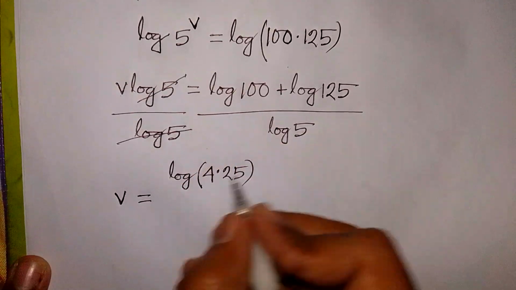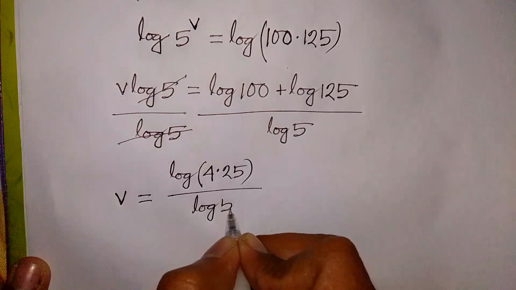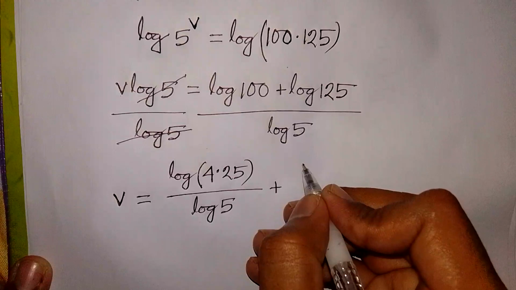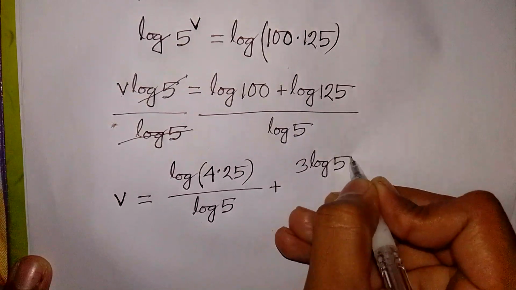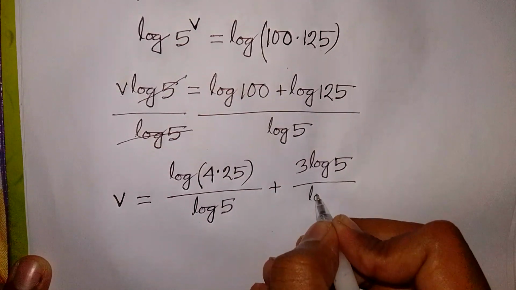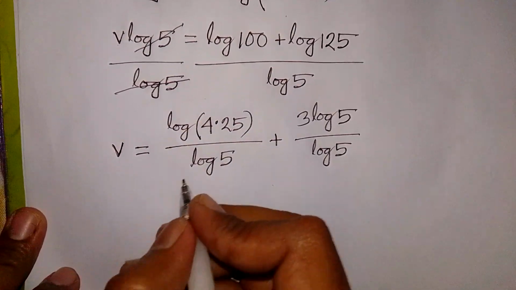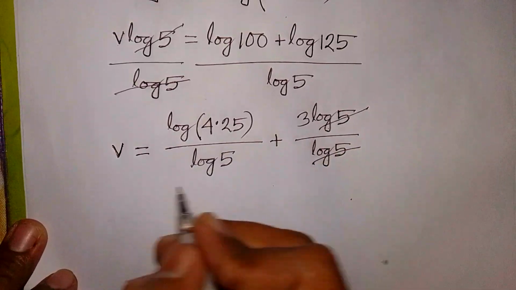Then over this log 5, here plus log of 125 is the same as 3 log 5 over log 5. Now we see this log 5 will be cancelled.